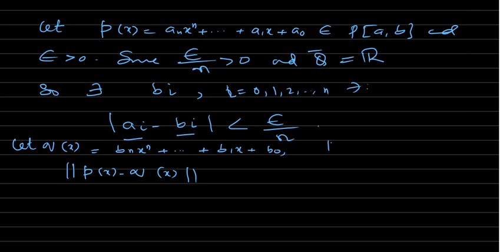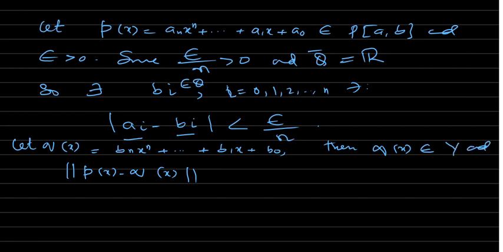Then this q(x) is in Y, because Y is the set of polynomials with rational coefficients, and q is a polynomial with rational coefficients because the b_i's are rational numbers. Here you should write Q, they are rational numbers. This is in Y.